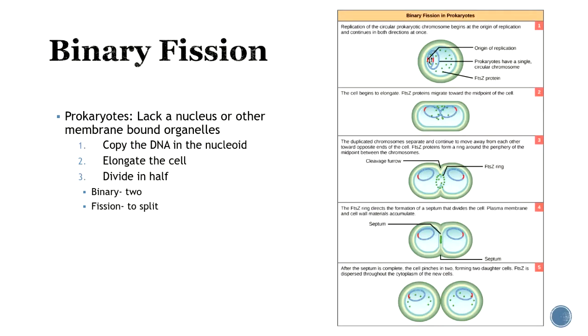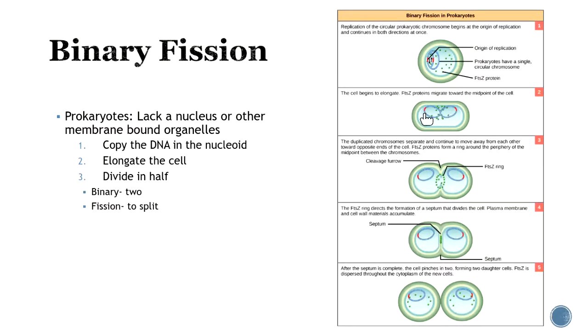Now I mentioned bacteria, or especially prokaryotes; this is how they reproduce. Remember, they lack a nucleus or other membrane-bound organelles, so they really don't have a true cell cycle. Whenever it's time for them to divide, they take that circular chromosome, their DNA, and duplicate it. Then they copy both sides.